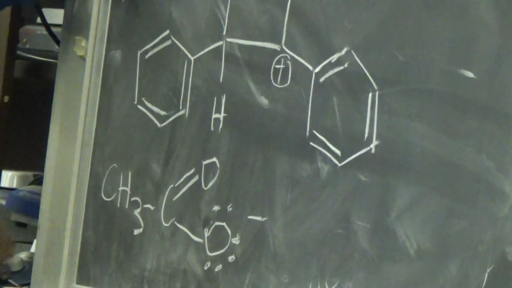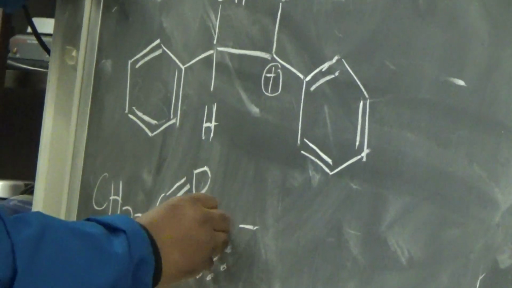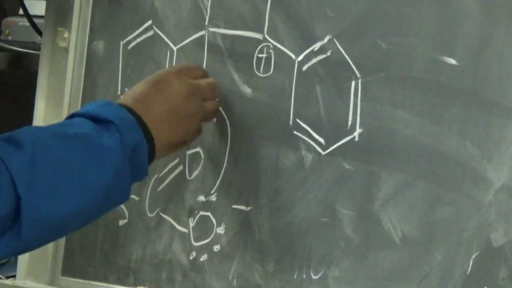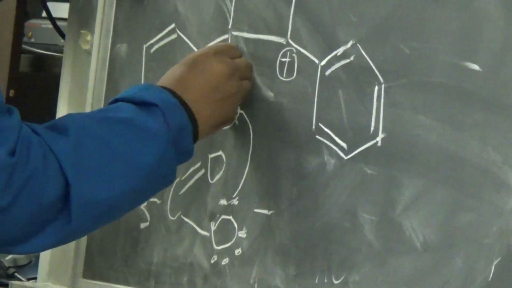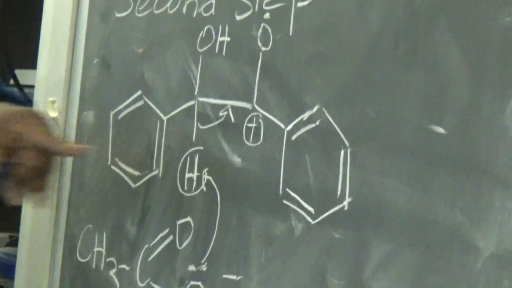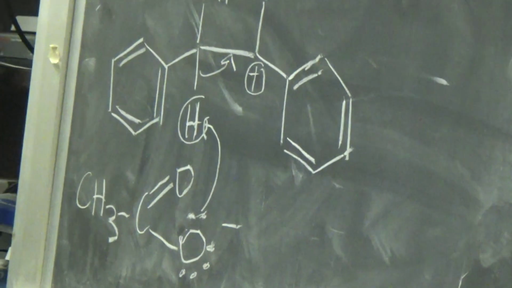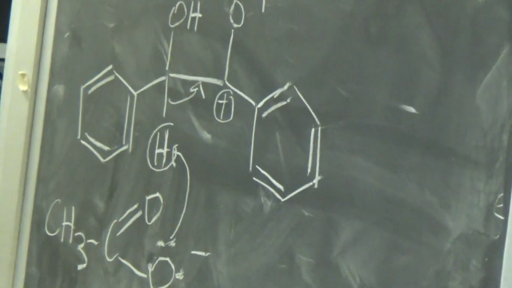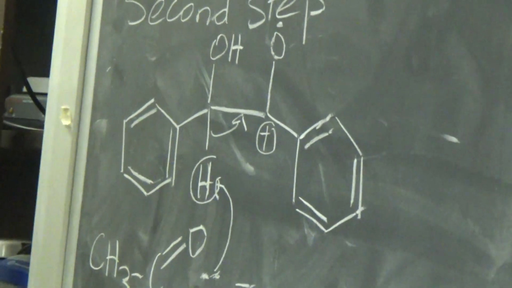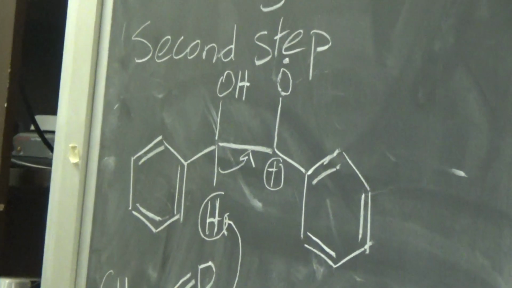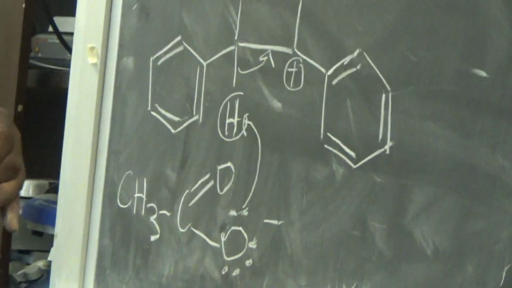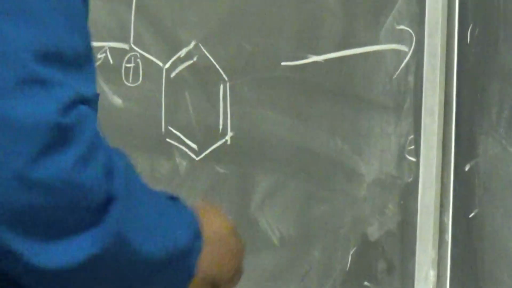And as usual, one comes and grabs that, and this one goes here, towards the plus charge. It's kind of like an elimination, like an E1 or something like that. Yeah, kind of. And what you have here.